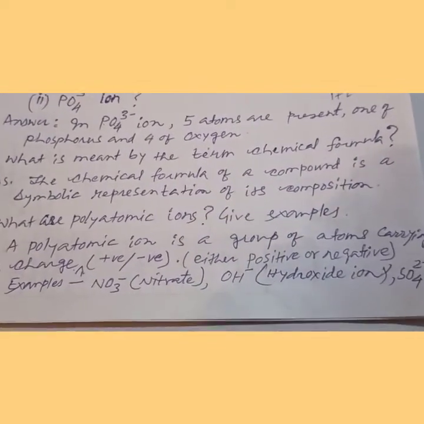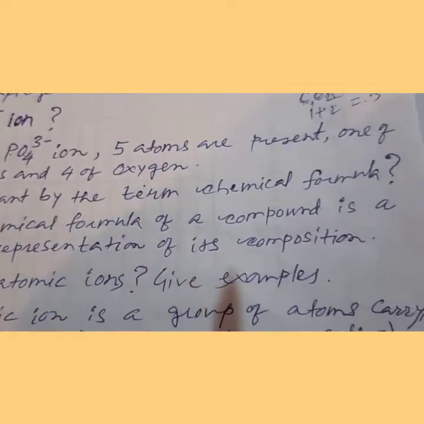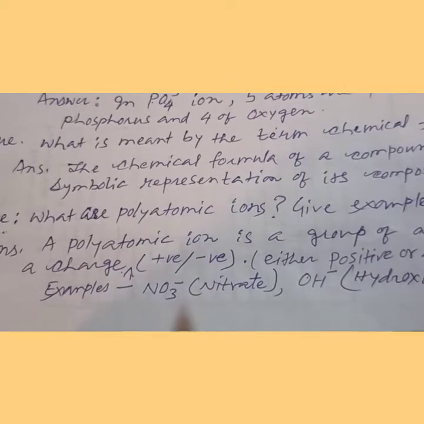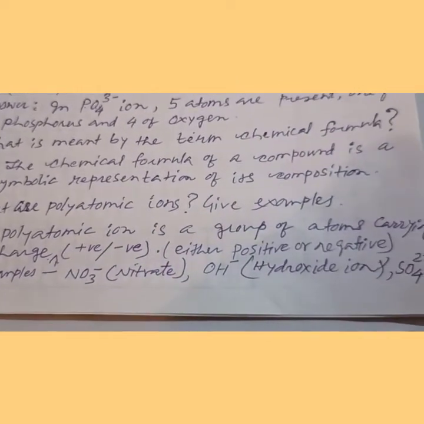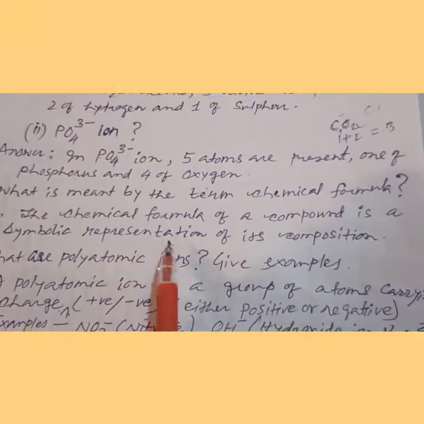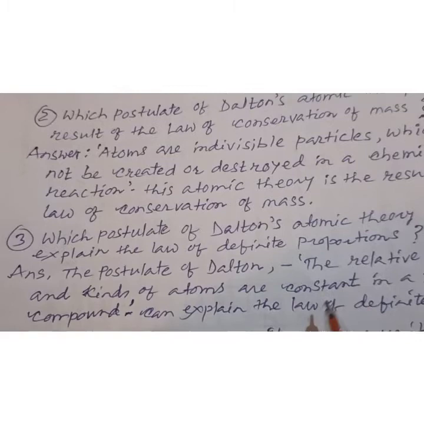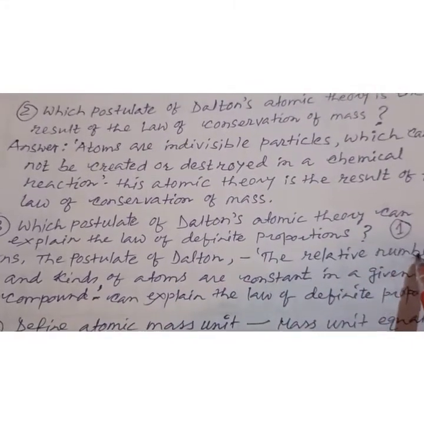Okay, hope you will be able to solve this type of question very easily in your coming exam. This type of question used to come in your exam, and last year also this question came in your exam. Postulate of Dalton, that will be for the relative numbers.